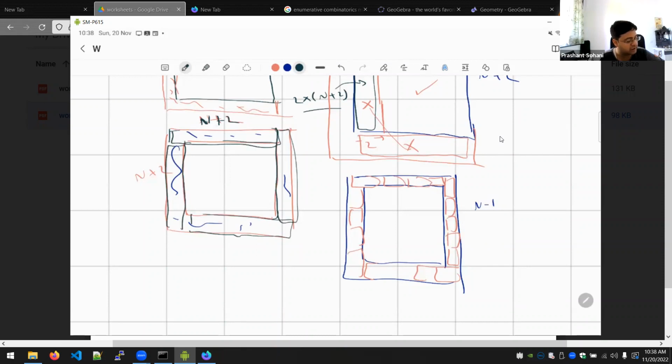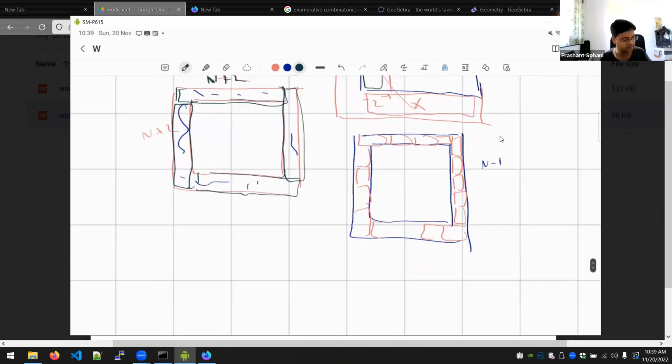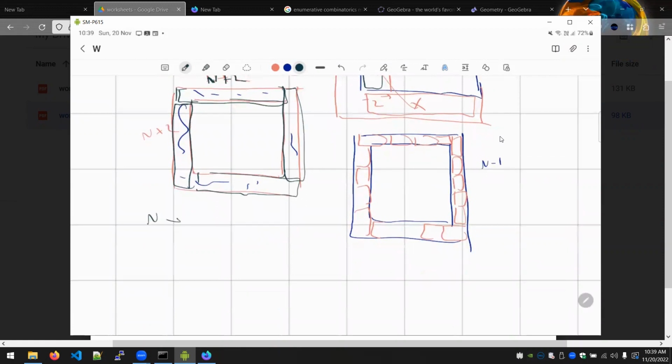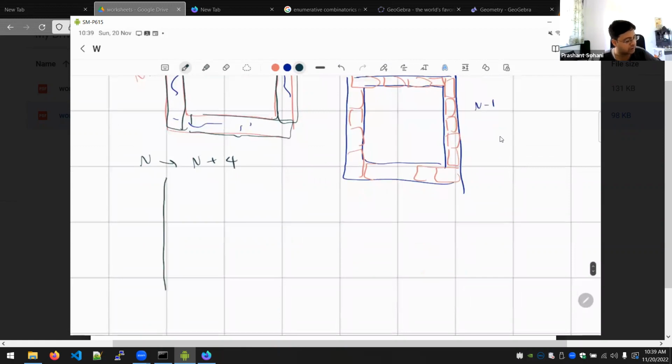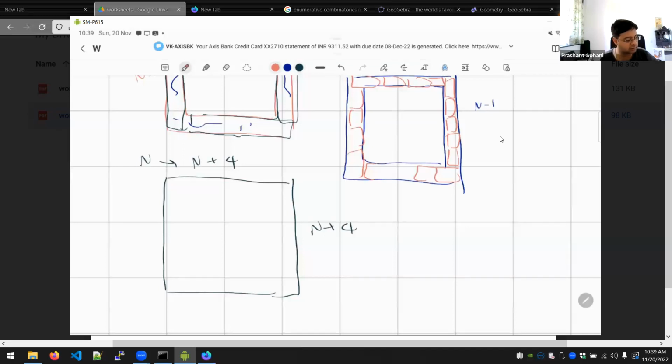But now that gives us an idea: if you want 4 tiles, then what should the jump be? We cannot go from n to n+2. It has to be n+4, correct? So now we have an n+4 cross n+4 board, and in the center we have this n cross n region.